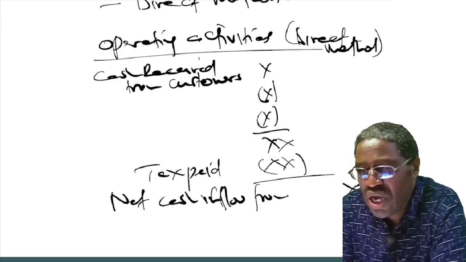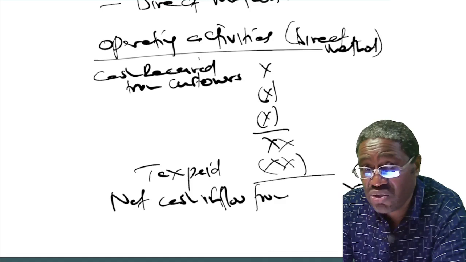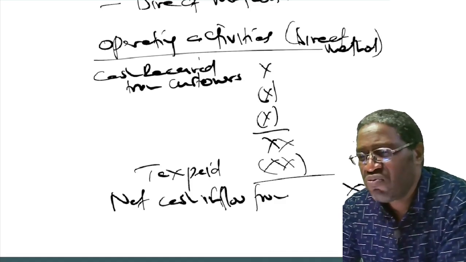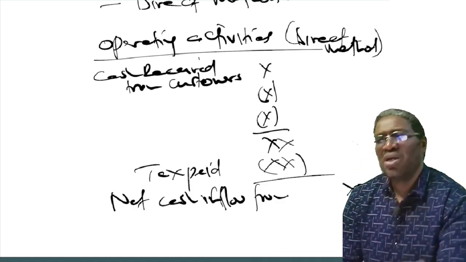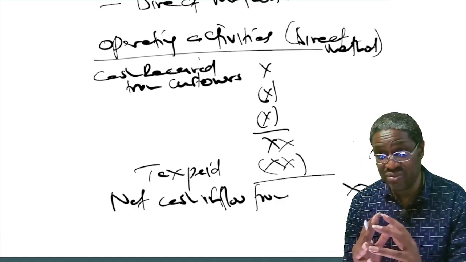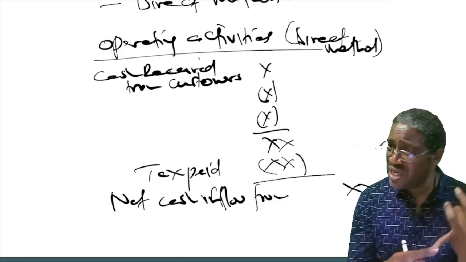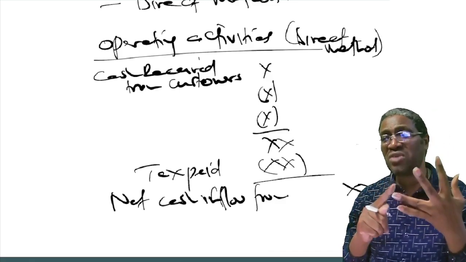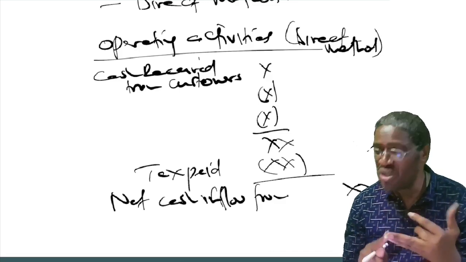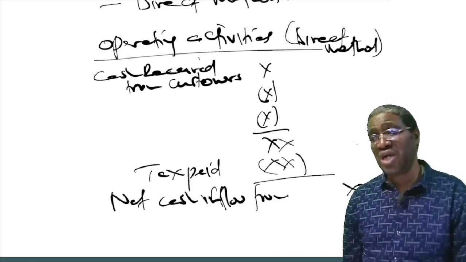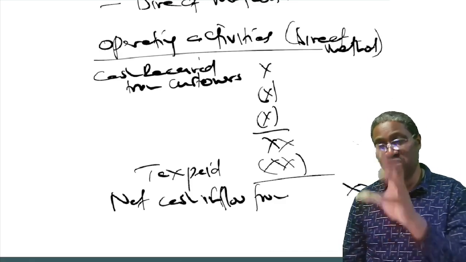I am saying cash received from customers. So as a company, you have to determine from all your customers, how much cash did we receive? Whether these are customers you sold goods to on credit, or customers you sold goods to on cash basis, from all your customers, how much was the cash received? So you determine that figure.